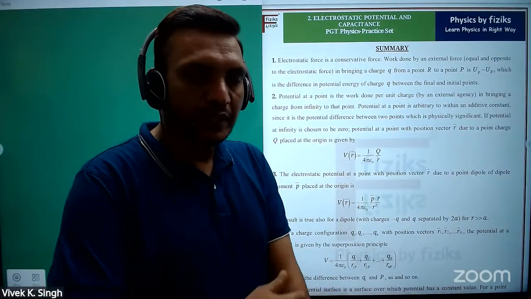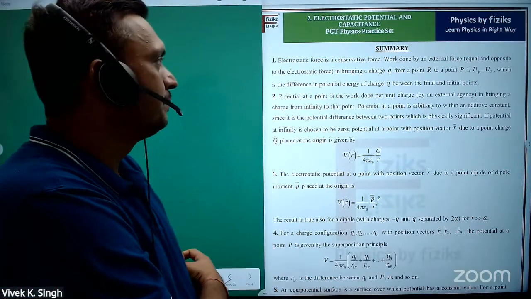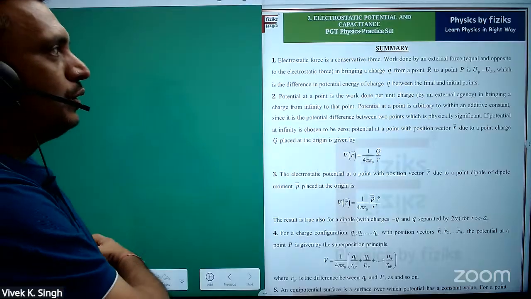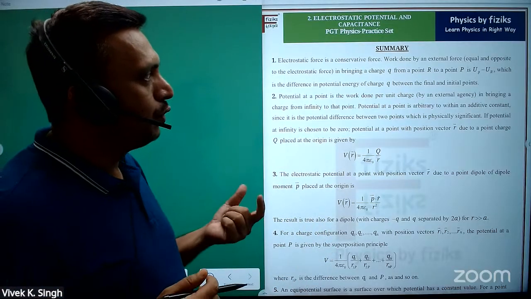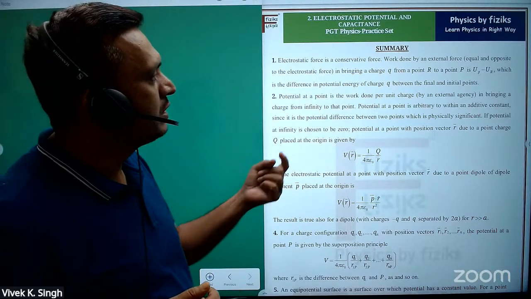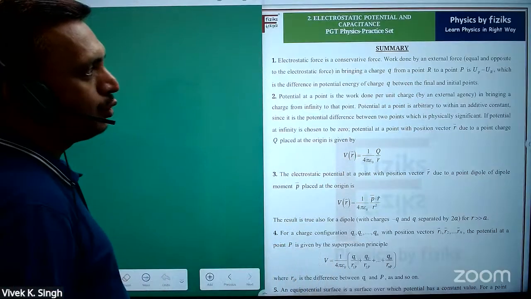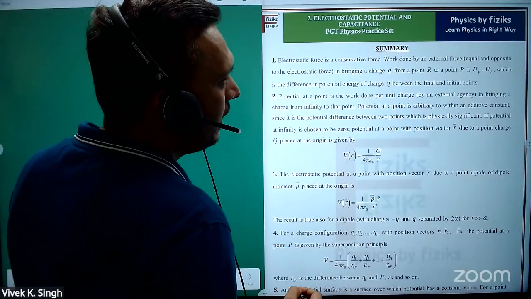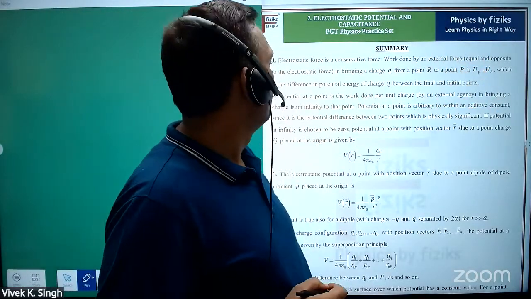It only depends on the initial and final position. And the work done by an external force, equal and opposite to the electrostatic force, in bringing a charge Q from some point R to a point P is stored as its potential energy.